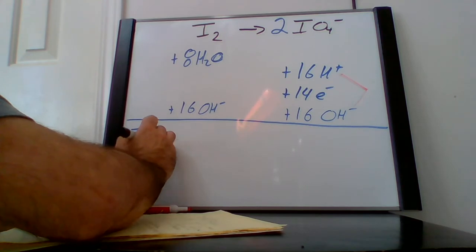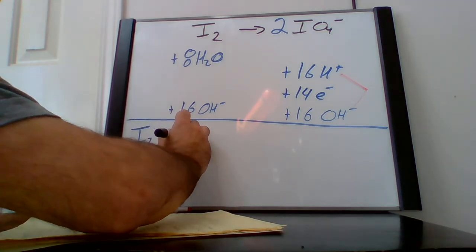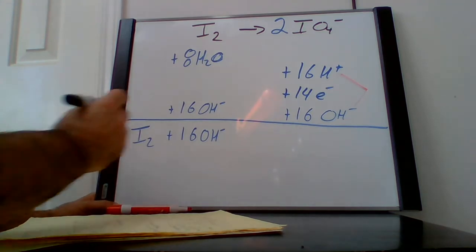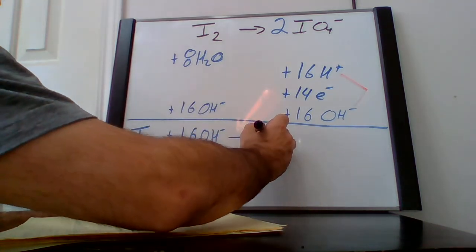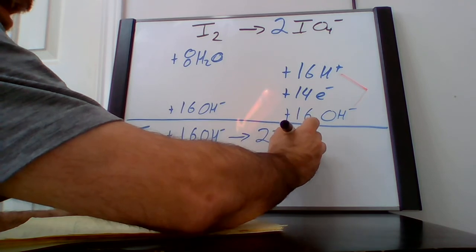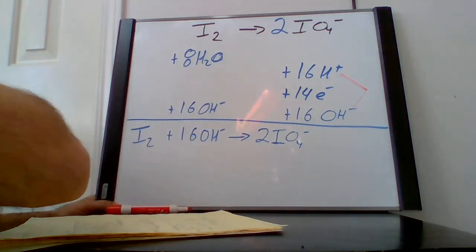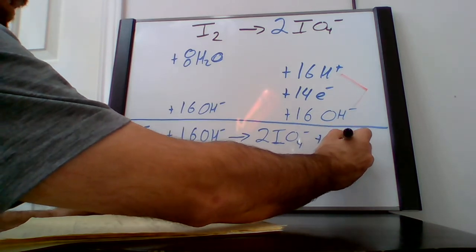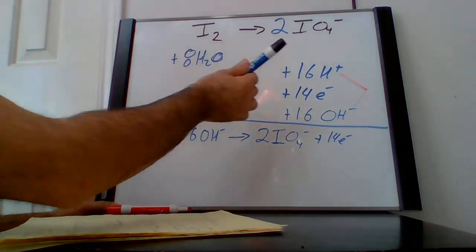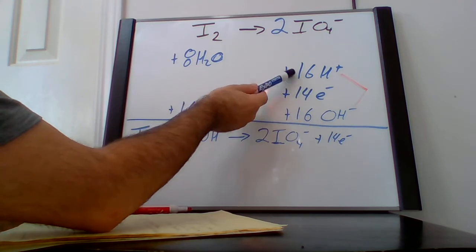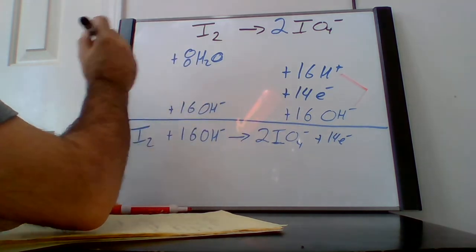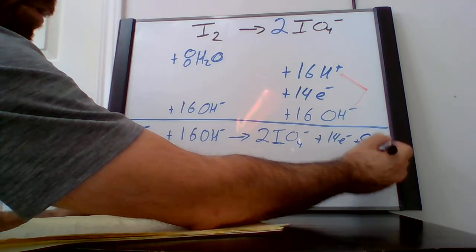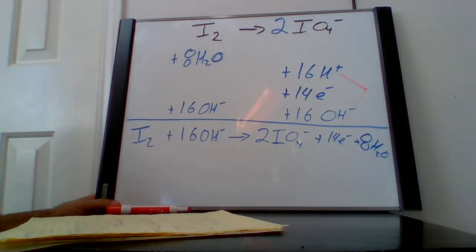And let's see, I'm going to have my I2, I'm going to have my 16 hydroxides, letting us know that we're in basic conditions. This is going to form 2 IO4 minus compounds, plus 14 electrons. Originally, I would have had 16 waters on this side and 8 on that side, so that's going to leave me with still 8 waters over there.